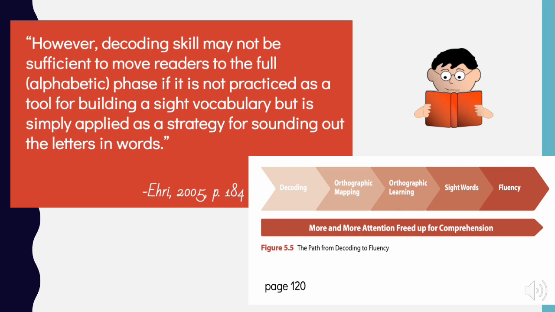Sight words are known as words that are automatically peeled off the page, automatically read, and all words dream of being a sight word. But if the phonics skills are not practiced enough and there isn't automaticity or orthographic mapping, then it is just going to be a strategy for sounding out letters and words, and it is not going to be effective in moving a child to fluent reading.